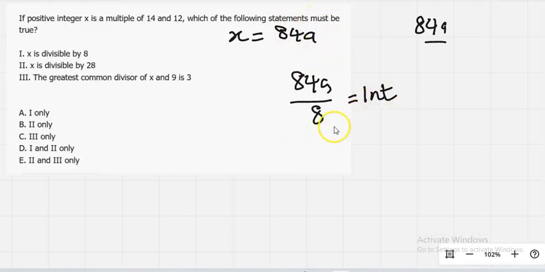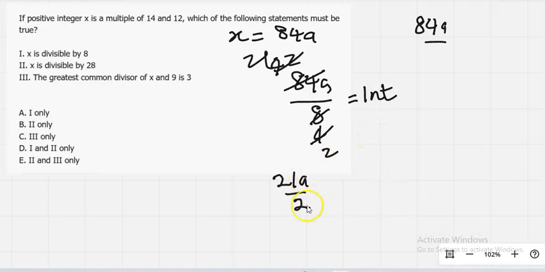That is what must means. Simplifying, I will have 21a over 2. Is this going to give us an integer in all cases? The answer is no. If a is 1, 21 over 2 won't give us an integer. Because we have a case where statement 1 is not true, we cannot pick it.